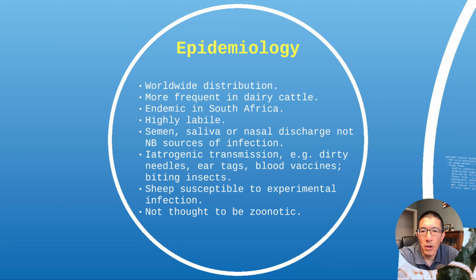Examples include the use of dirty needles, ear tagging, or using dirty dehorning or castration equipment. Transmission of the virus through the use of contaminated blood vaccines can also occur, as well as through mechanical transmission by biting insects such as Demodex.